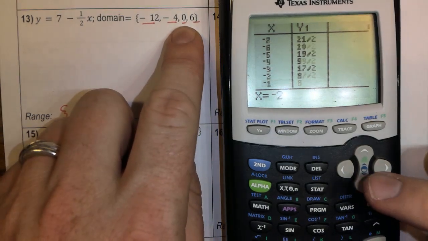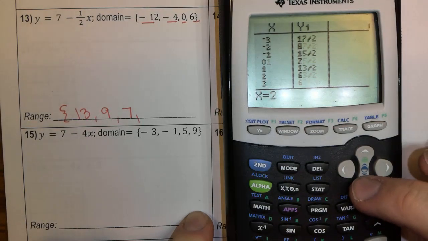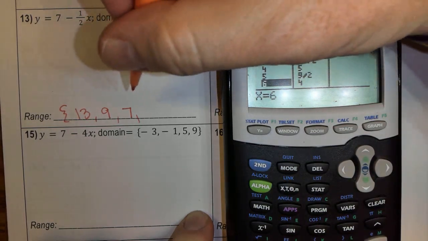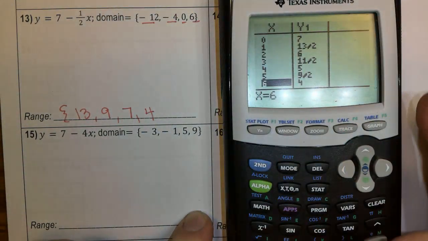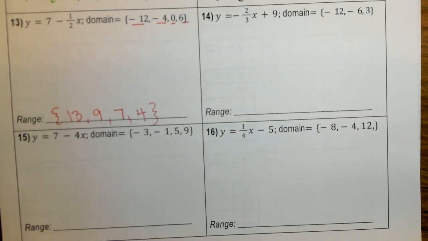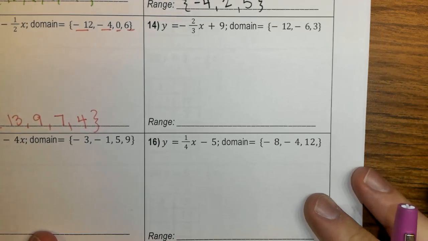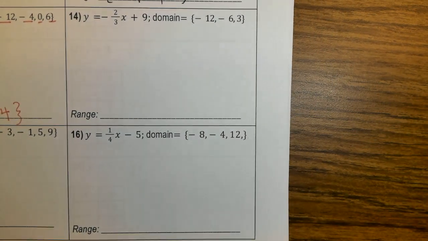I go to 0, y is 7. And I go down to 6, y is 4. And that is my answer. So yeah, if you like doing it that way every time, just do it that way. That's fine. As long as you're doing it correctly.